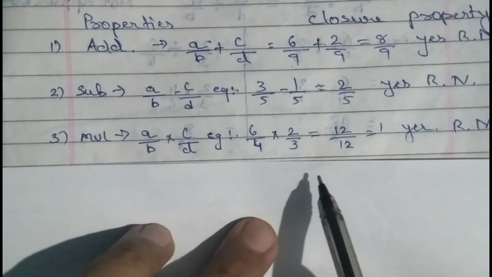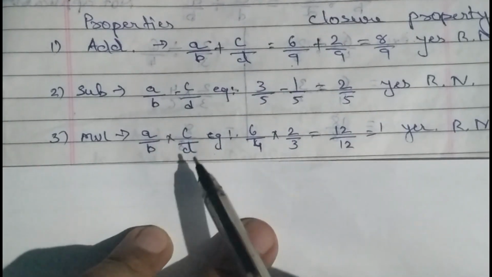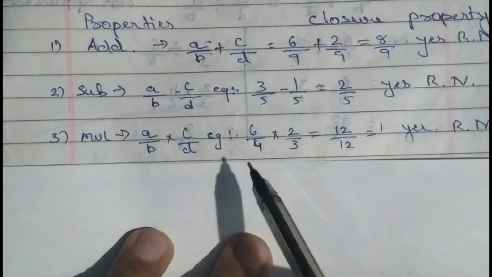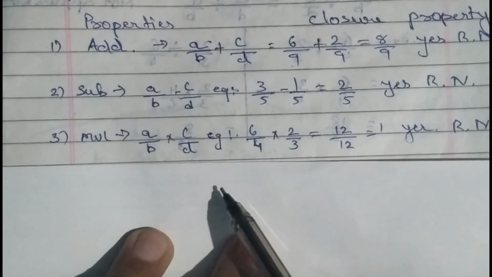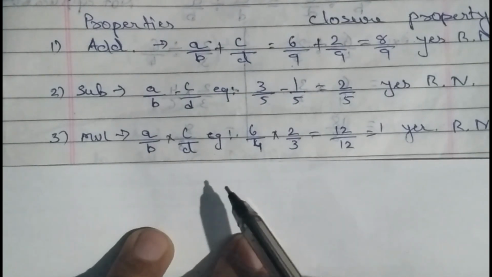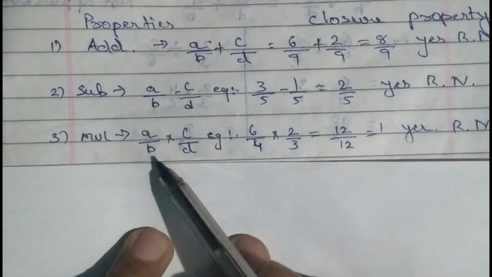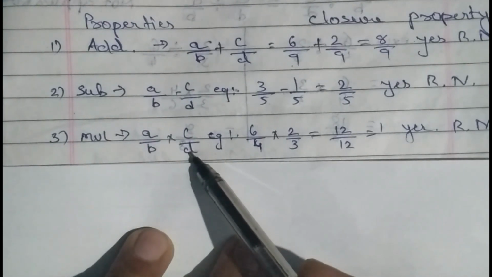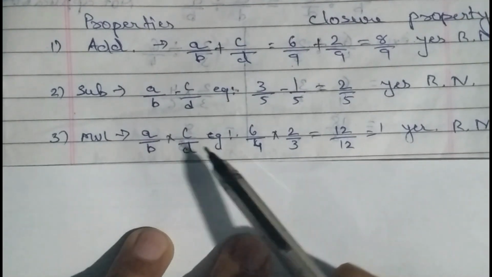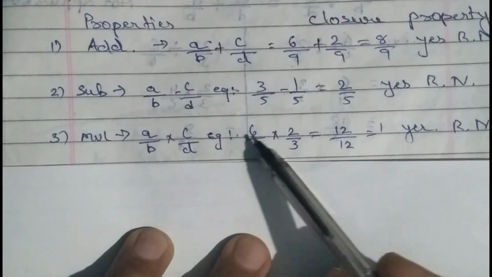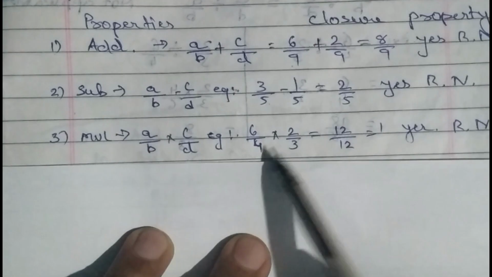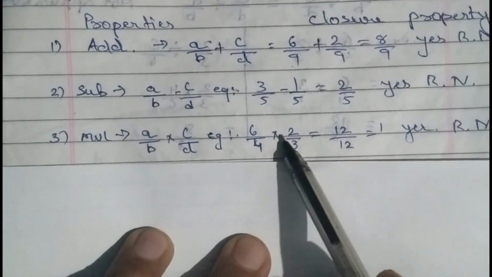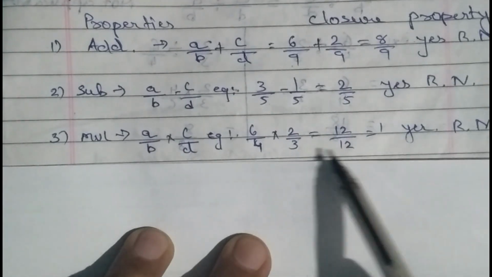In the same way, let's go for the multiplication. The product of two rational numbers is always a rational number. If A upon B is multiplied by C upon D, then let's see with an example. 6 upon 4 multiplied by 2 upon 3 equals, 6 2s are 12 and 4 3s are 12.